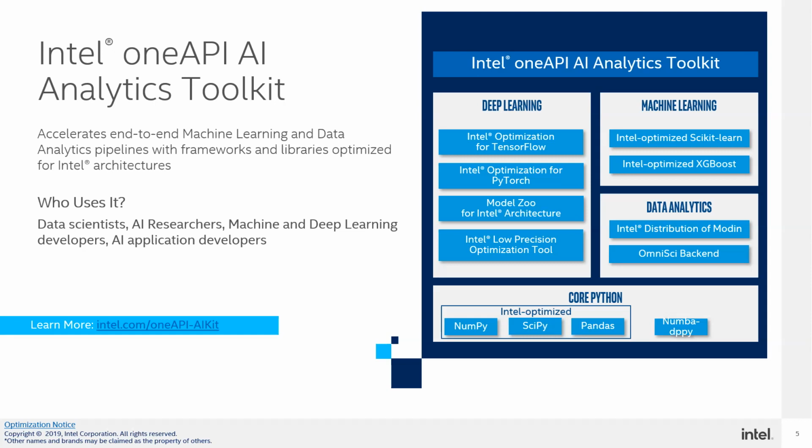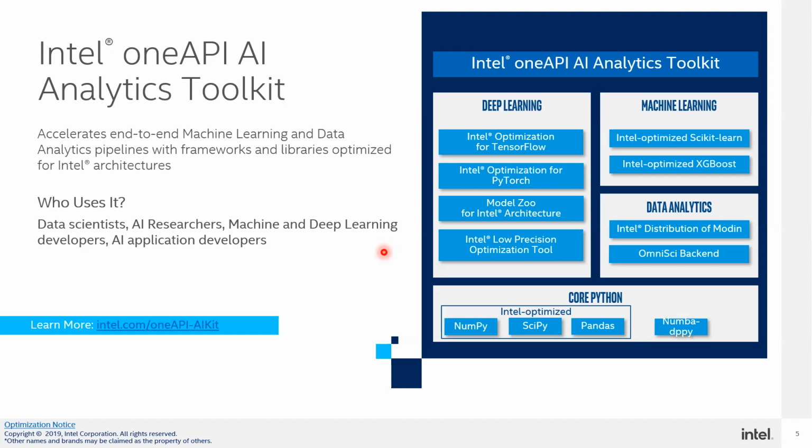So this oneAPI AI Analytics Toolkit, right? With the growth of AI, machine learning, and data-centric applications, the industry needs a programming model that allows developers to take advantage of rapid innovation in processor architectures, right? One example is TensorFlow, which supports the industry initiative and is based on open specification APIs.